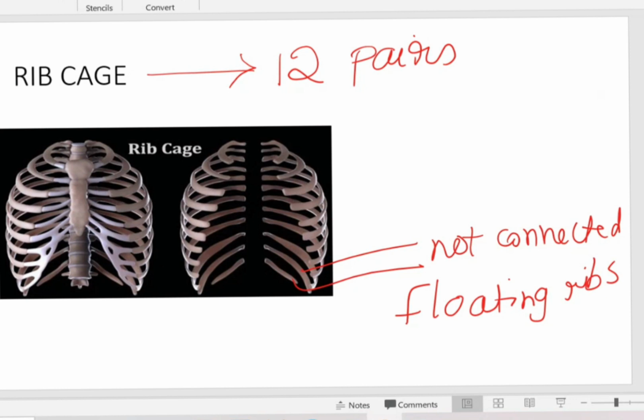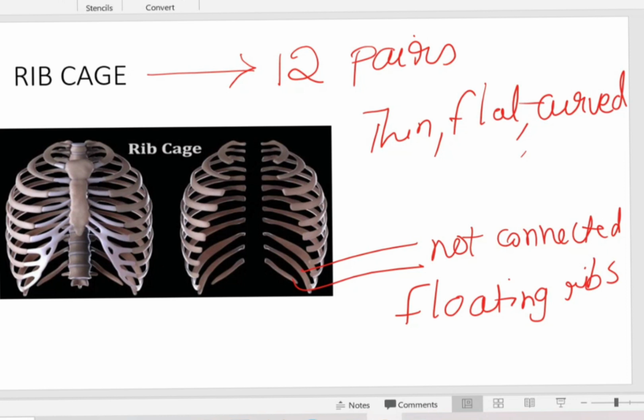So these ribs are thin, flat, and what is the shape? Curved. The shape is curved. So thin, flat, curved bones. A protective cage is formed by this around the most important organs, heart and lungs.